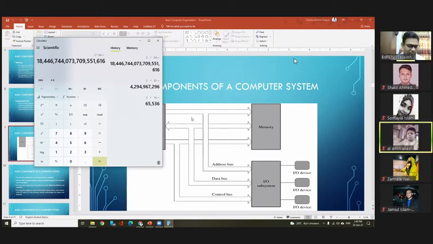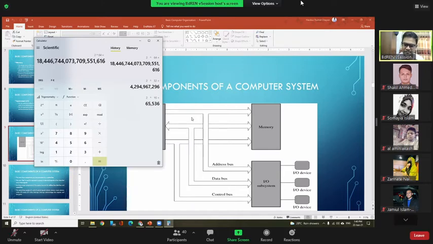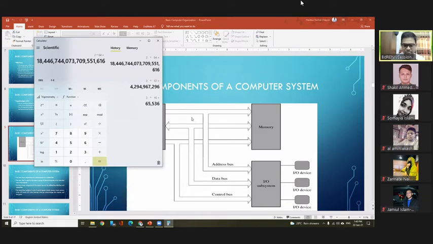I never imagined that after 20 years, my computer would have 16 gigabyte of memory. So you also cannot imagine that your memory size can be terabyte very soon.